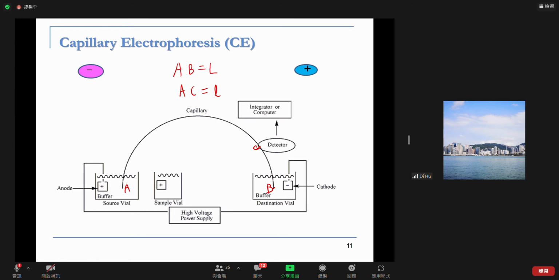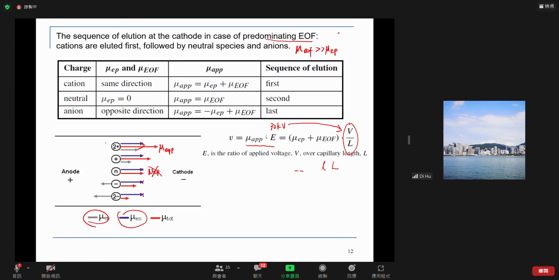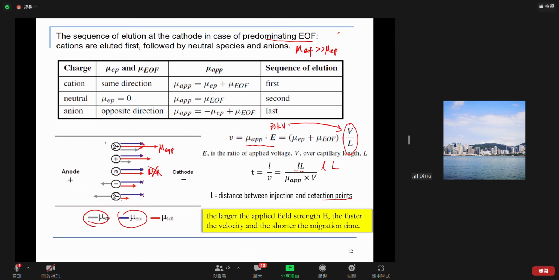So the small L is the distance between the injection point and the detection point, and the big L is the total length of the whole capillary tube. V is the applied voltage, normally 30 kV or 40 kV, and mu is the apparent mobility.